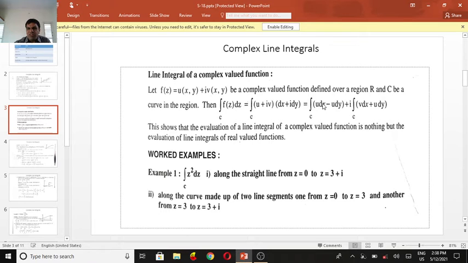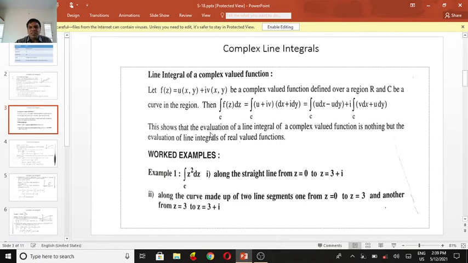So it is the integral of u dx minus v dy, plus i times the integral over C of v dx plus u dy. This is the form. First separate the real part and the imaginary part, then integrate. This is the way to integrate a line integral in complex form.